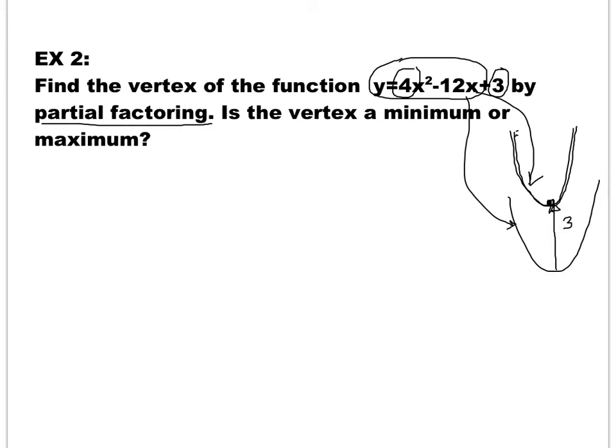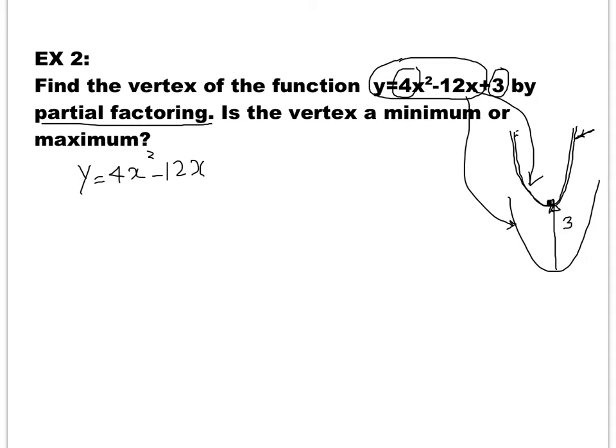The only difference is that the second parabola has been translated 3 units upward. So if we can find the x-coordinate of the vertex for 4x squared minus 12x, the x-coordinate is going to be the same for the original parabola.